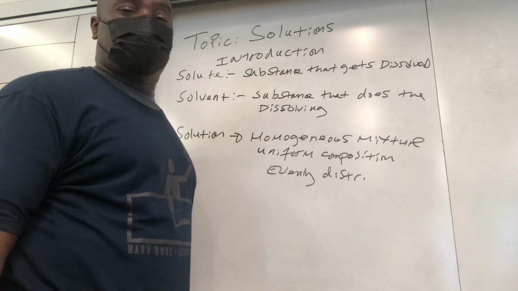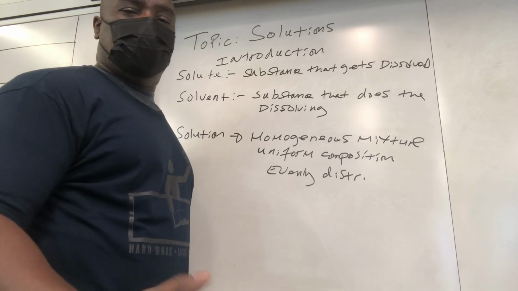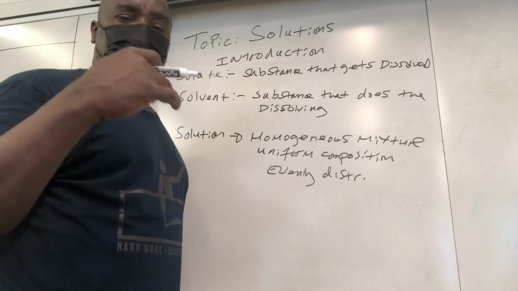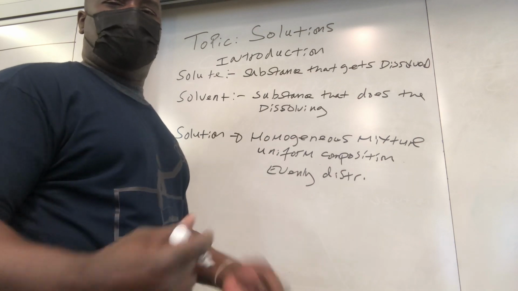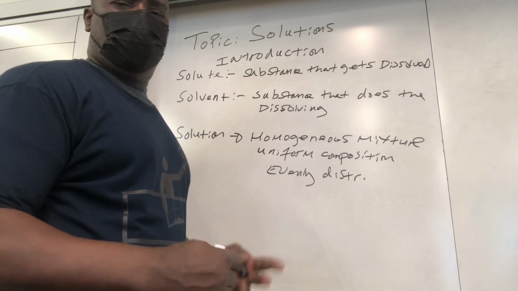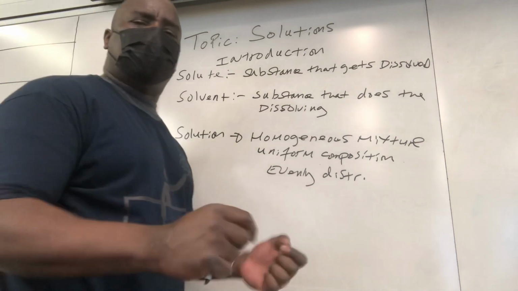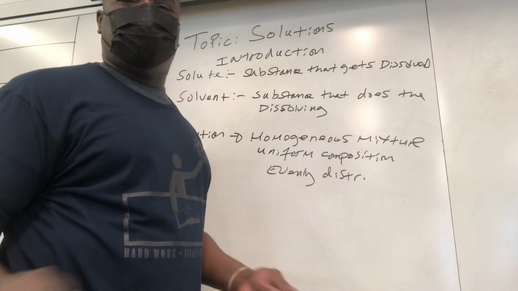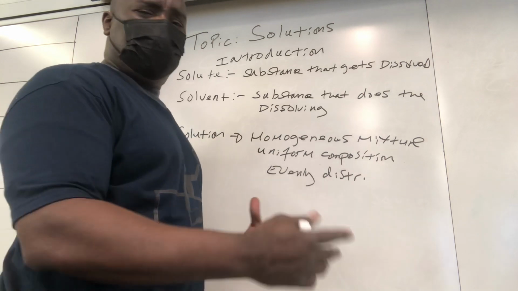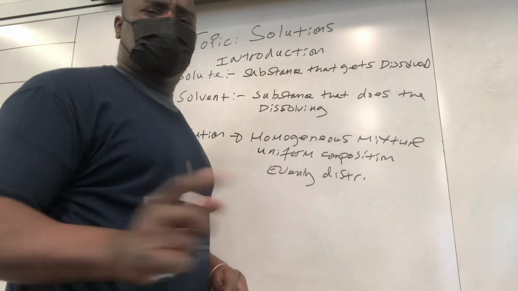It sounds kind of strange, but brass typically is considered to be a solid solution because the two metals that make it up are mixed in a uniform way, uniform composition, so no problem, okay? So just keep that in mind. But typically, most solutions that we find in our daily lives have liquid solvents, but just keep in mind that it doesn't always have to be that way.